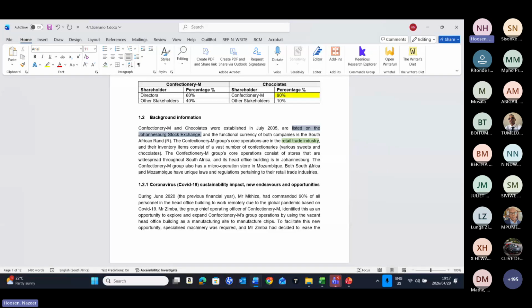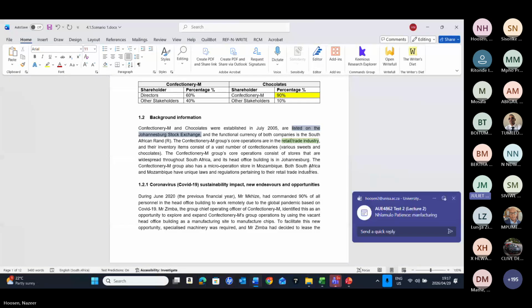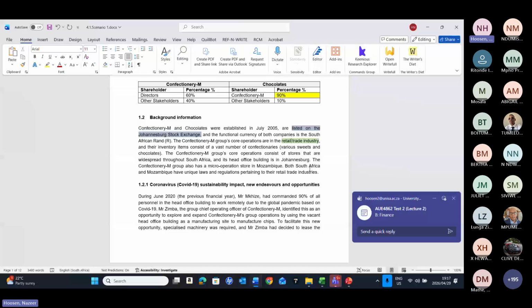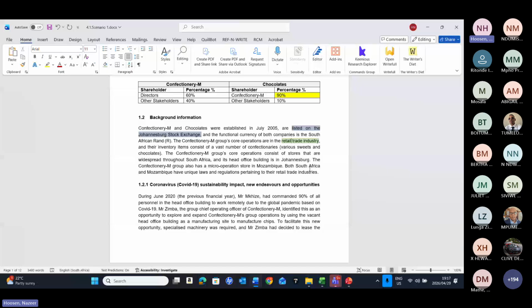Hotel. Consulting. Financial services. Healthcare. Great. So there are many industries, and in any type of scenario, you're going to perhaps get a particular industry.